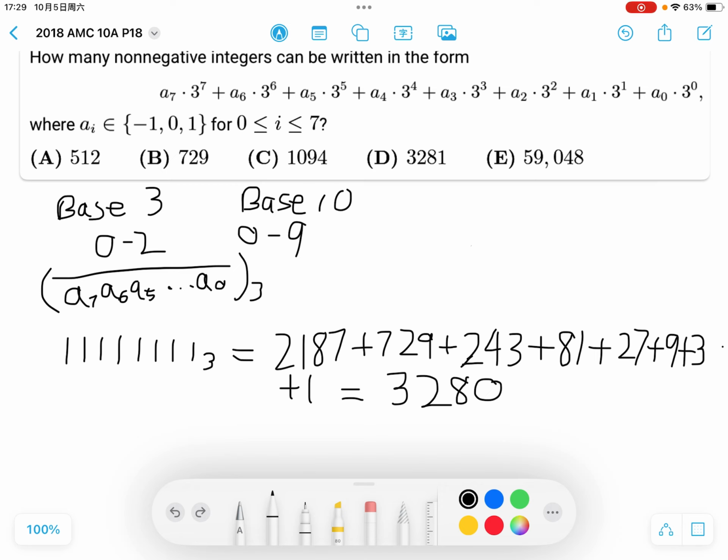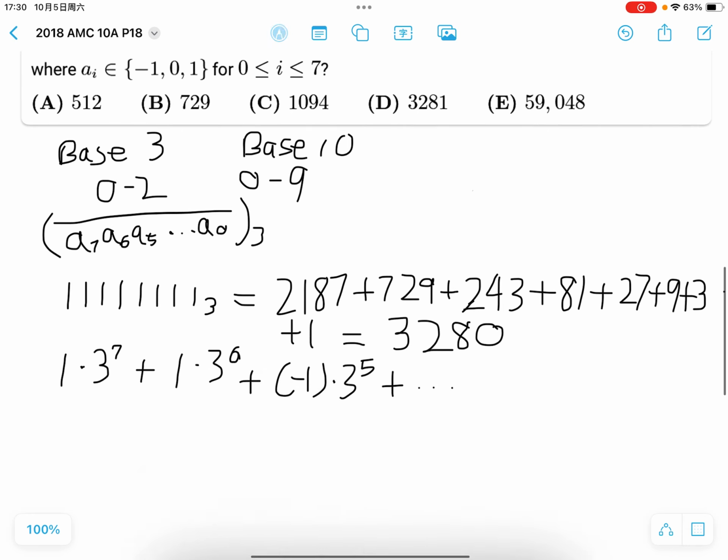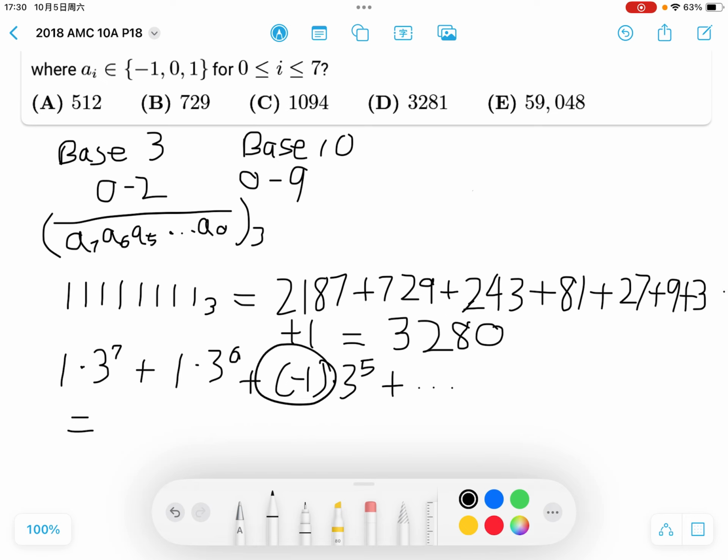So how do we do so? For example, you have 1 times 3 to the power of 7, so a7 is 1. And then you have 1 times 3 to the power of 6. And then let's say you have -1 times 3 to the power of 5. So how is this going to help? Well, essentially, when you try to make this digit positive, you can write this number as 3 times 3 to the power of 5.